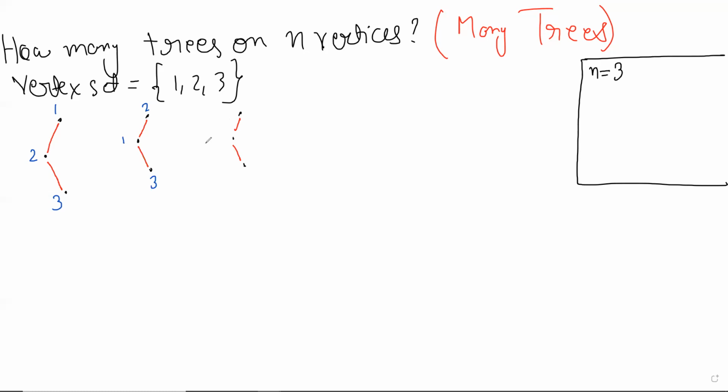If you count it naively, it seems like 3 factorial, but let me draw and then you can tell me. Actually, through this we will understand more about what it means for 2 graphs to be the same. Let's try to understand that. If you're saying 3 factorial, then let me draw one more, this one.